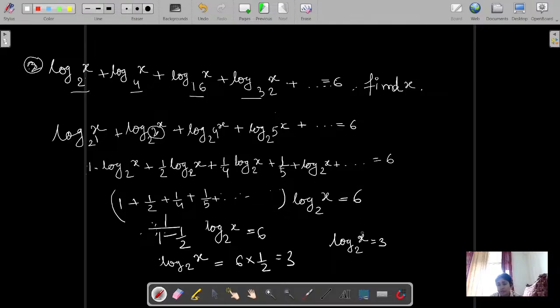So what is the value of x then? x is 2 to the power 3, and that is equals to 8. So that is how we are supposed to solve it.